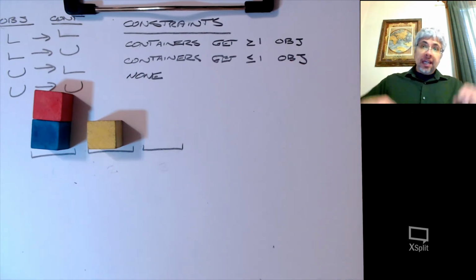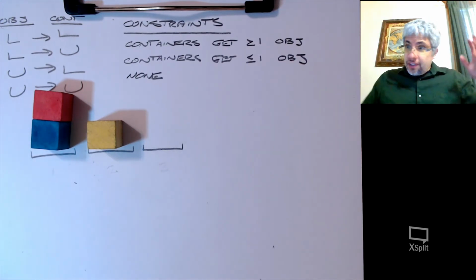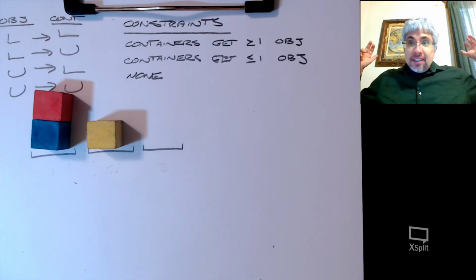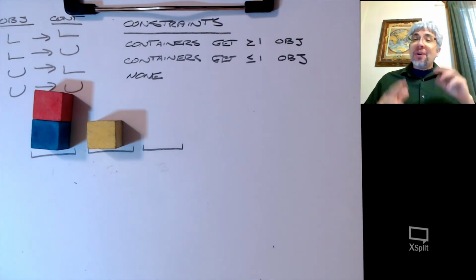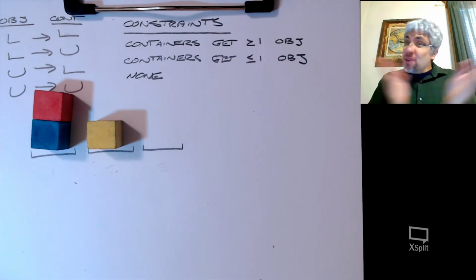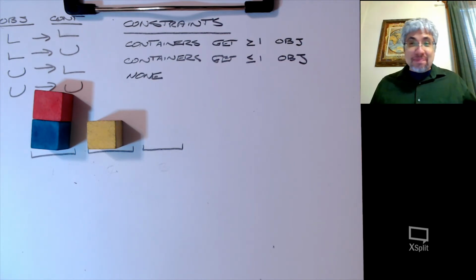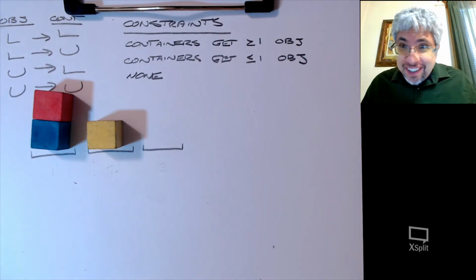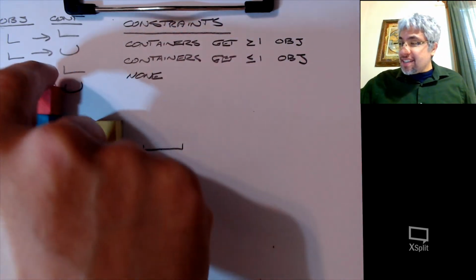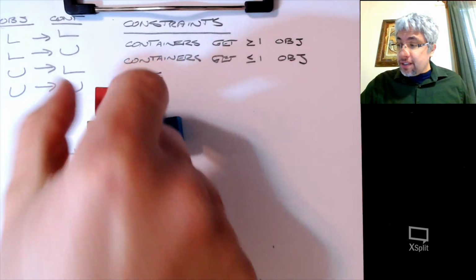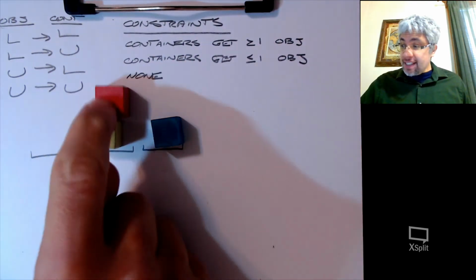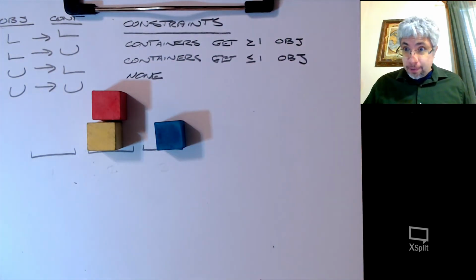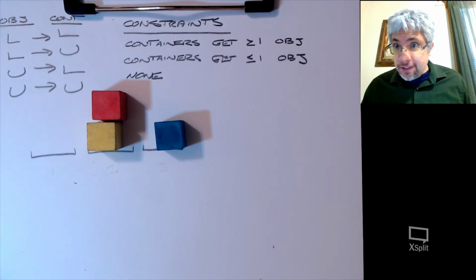You might be saying, hey, professor, I can tell the difference because one's on the left. Okay, but we can move them around all you want. Picture that they don't stay in the same place. Picture that we don't know which one's on the left. They're just containers. So this and this are the same. But this is now different, because I can tell the objects apart. I just can't tell the containers apart.